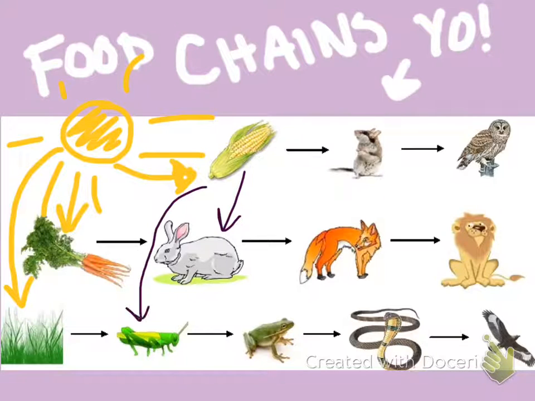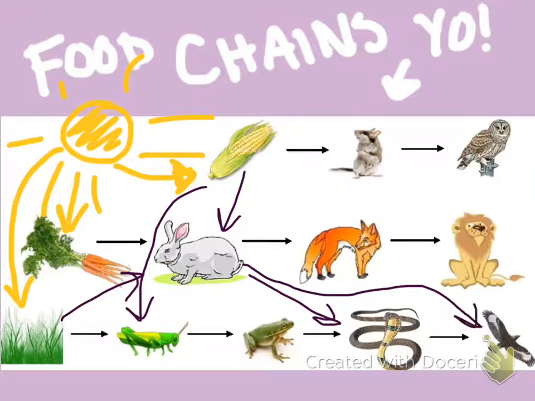Rabbits also eat grass. Snakes would also eat rabbits if they're small enough. These large birds of prey eat rabbits. Owls can eat snakes. Snakes eat mice. So the arrows are just going to what is doing the eating, what is receiving the energy.